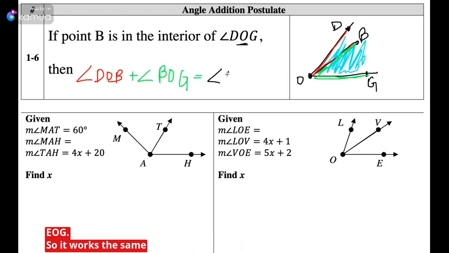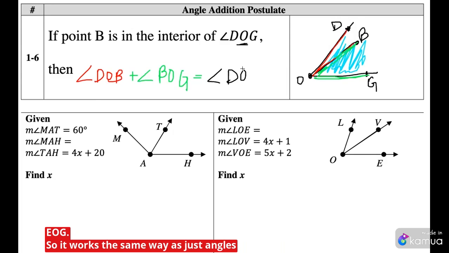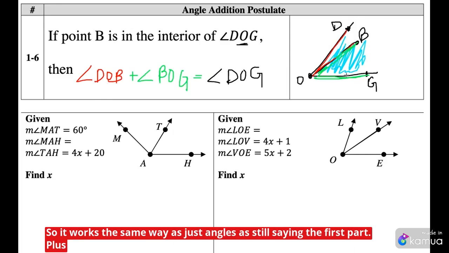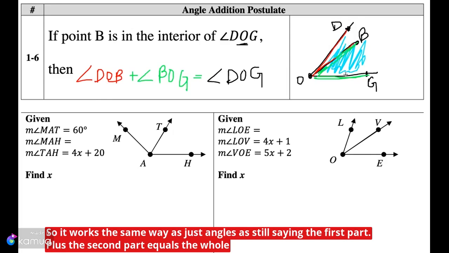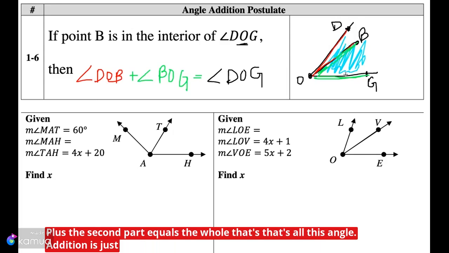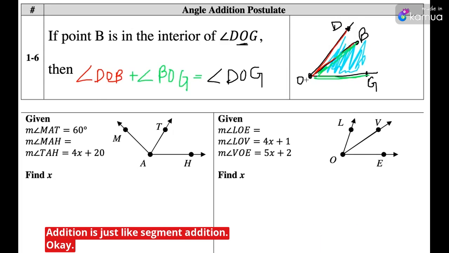So it works the same way, it's just angles. It's still saying the first part plus the second part equals the whole. That's all this angle addition is, just like segment addition.